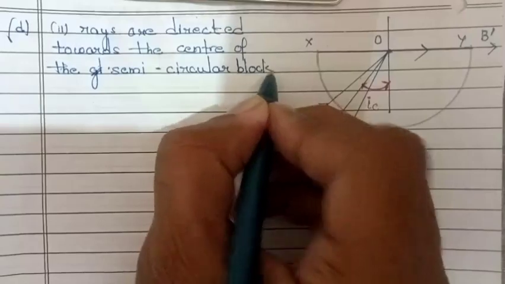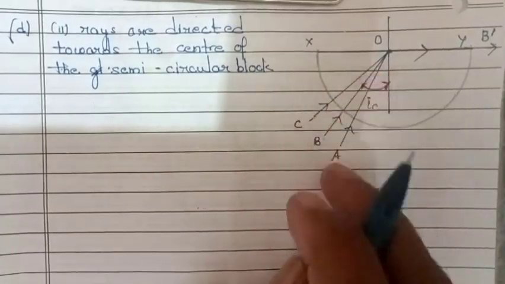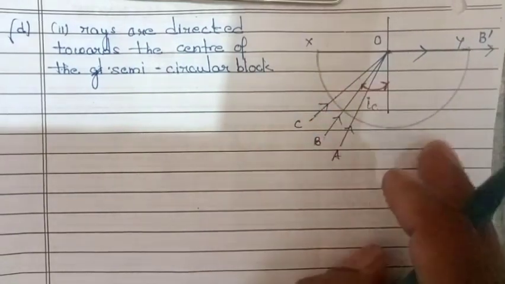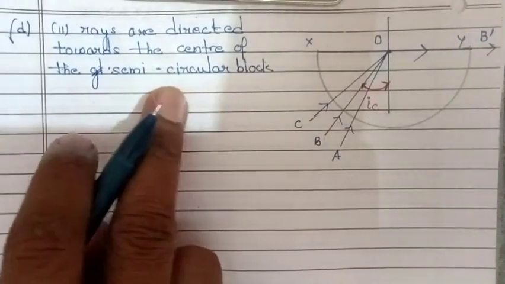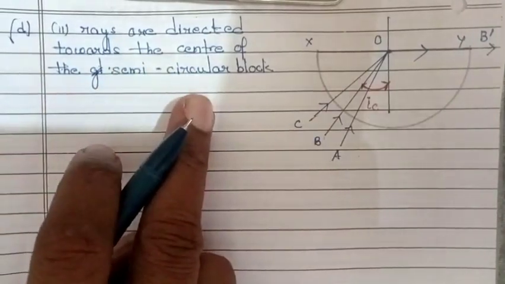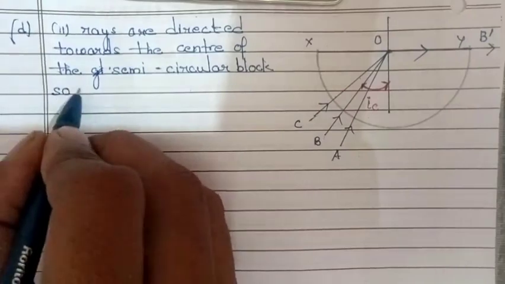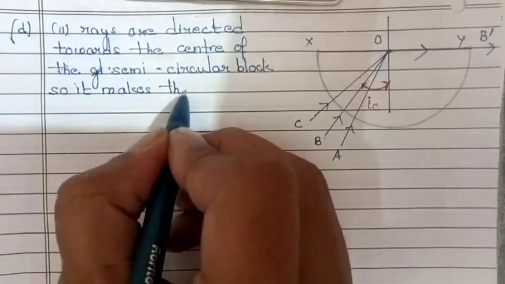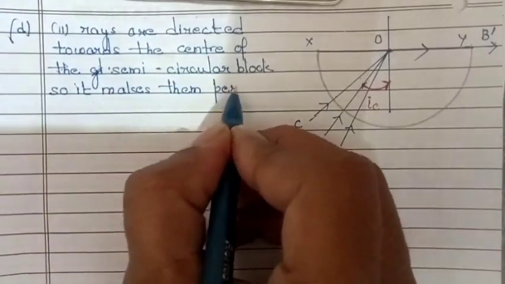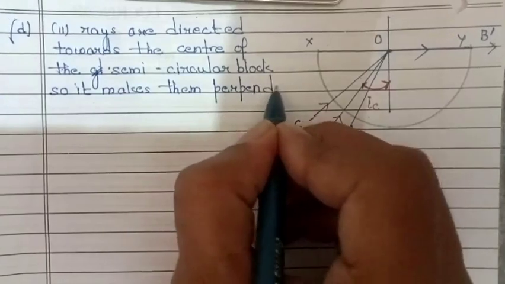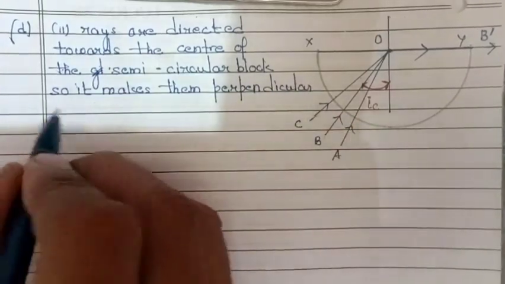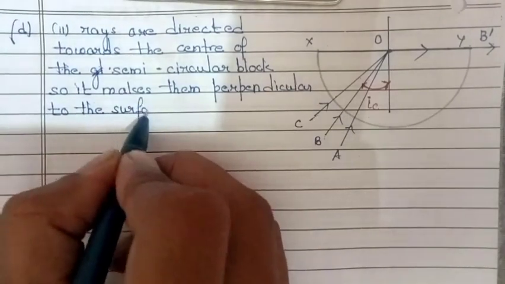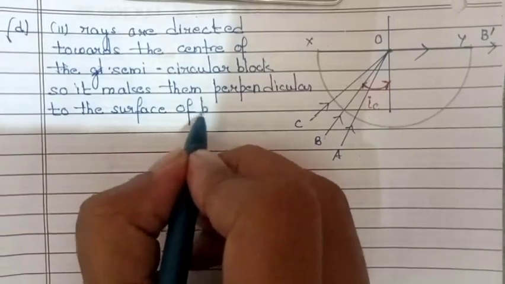And remember, whenever the rays are directed towards the center, it makes them perpendicular to the semicircular surface. So they are directed towards the center of the semicircular block, so it makes them perpendicular to the surface of block.